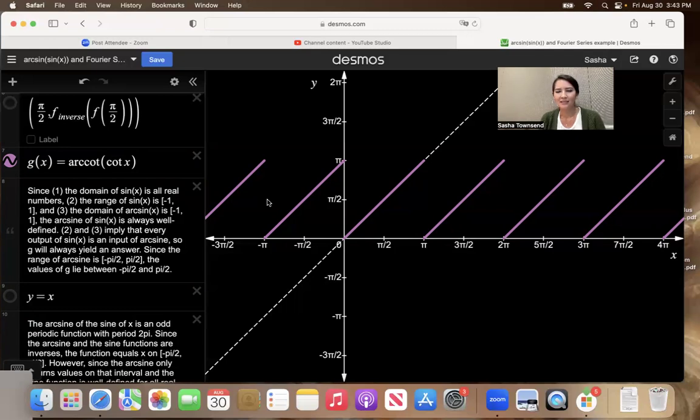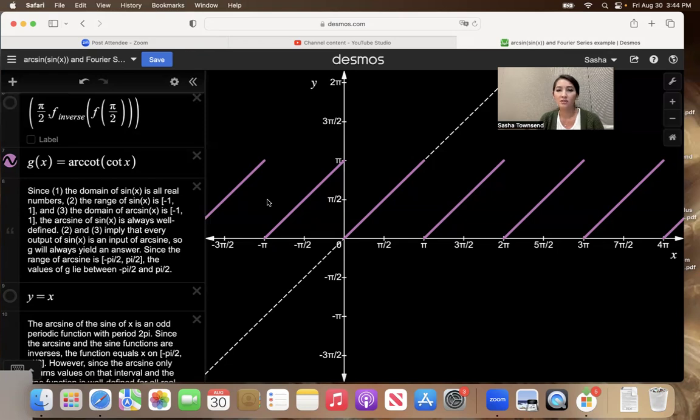We don't get just x anymore when we take the inverse trig function of the original trig function. We get y equals x on that restricted domain, but outside of that restricted domain, we don't get y equals x anymore. We always go back to that interval from our restricted domain.